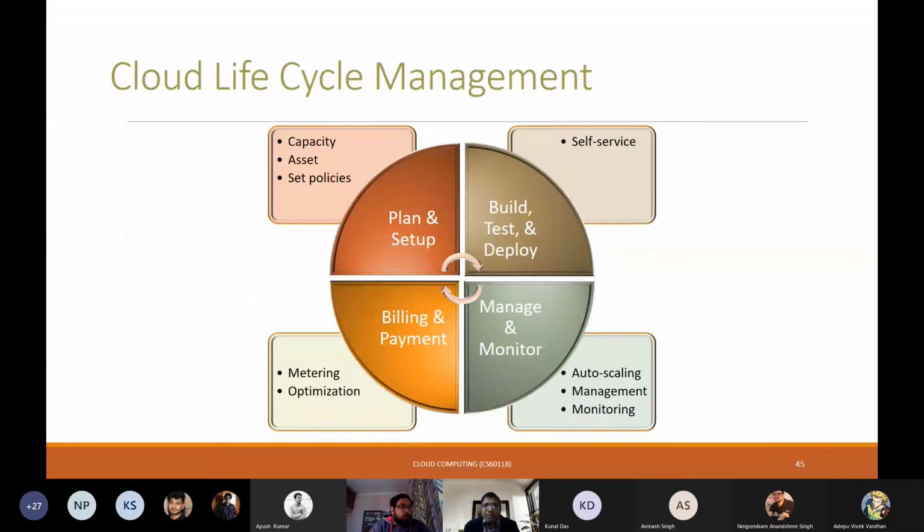So you need to take care of a couple of different things for the cloud lifecycle management. You need to plan and set up, in terms of issues such as the capacity, the assets that will be made available, setting up of policies, etc. Then it goes to the self-service provisioning, like building, testing, and deploying the cloud platform.